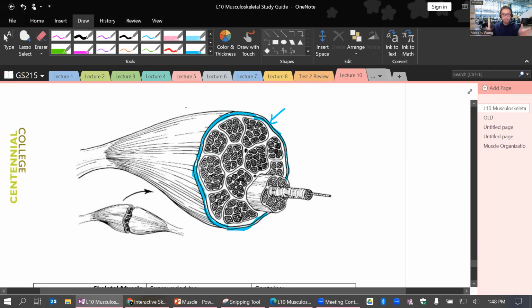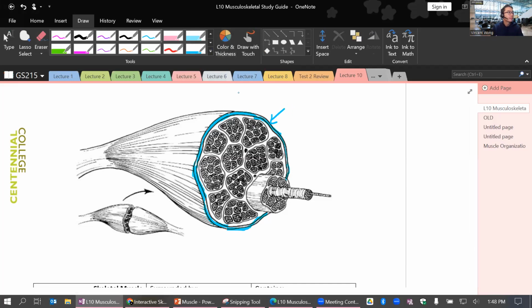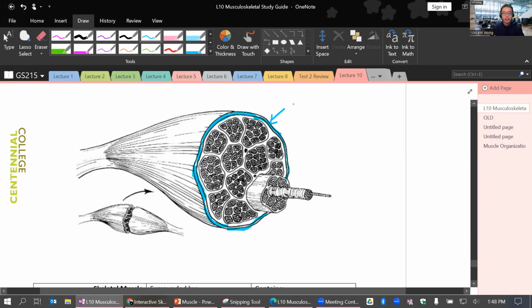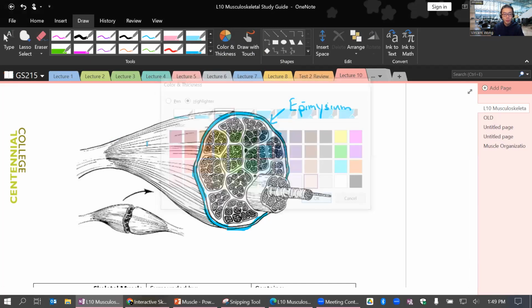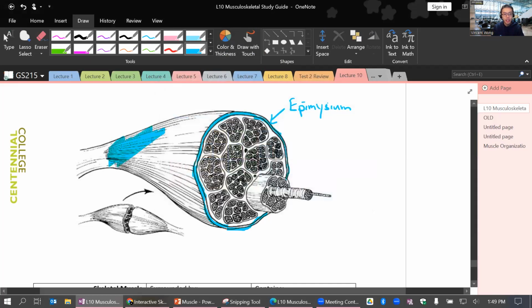Outer covering. Yes, Tina, that would be the epimysium. And it's not just here, right? It covers the entire muscle. Maybe I should highlight that for you as well. It covers the entire muscle, like so.